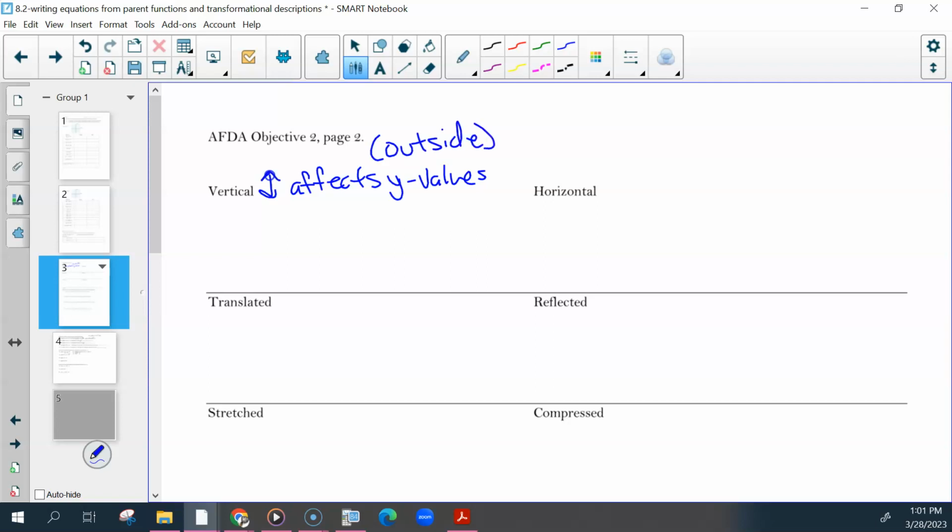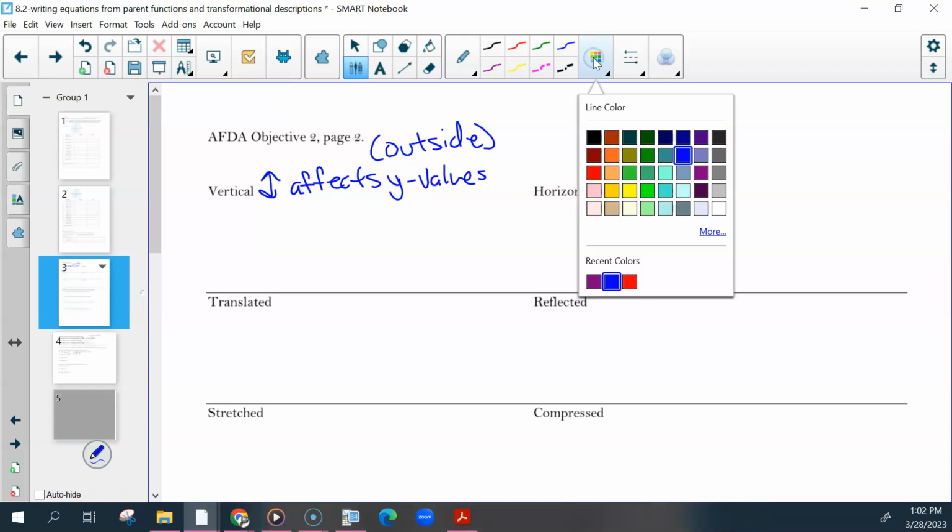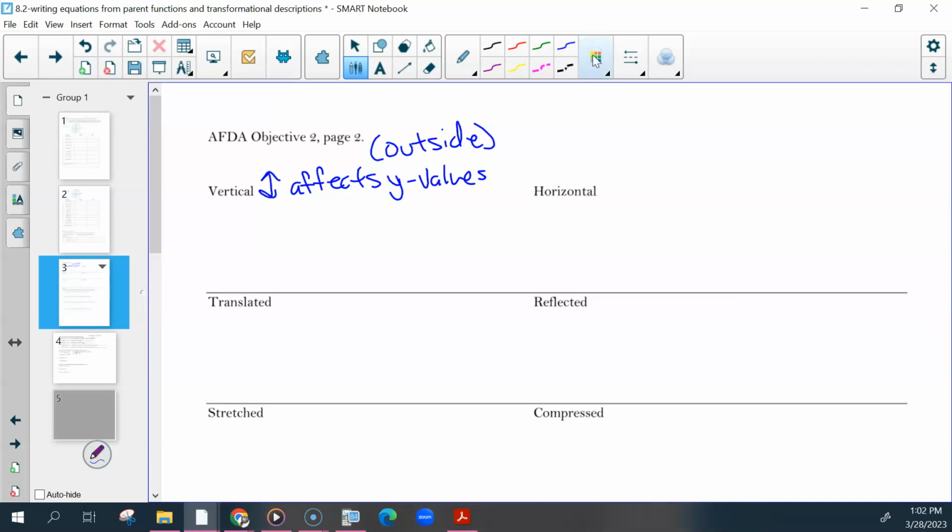Write that as a side note. Whereas horizontal is then the opposite. It is left and right. It affects your x values. And these will be things that happen inside.